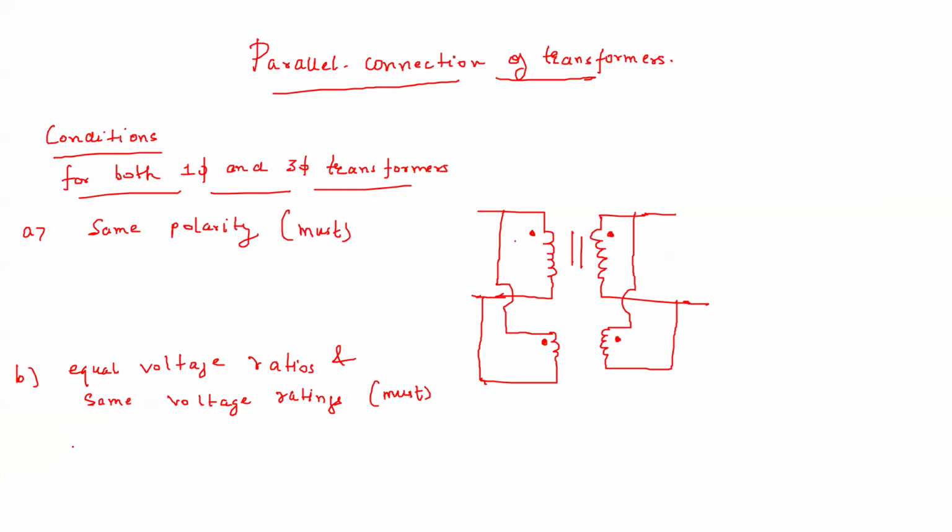So let me draw it. Here you are having like this, and here like this. There may be a slight difference in the voltage ratio, because practically no two transformers can have exactly the same voltage ratio. There may be like 1 volt or 2-3 volts difference. That is allowable.